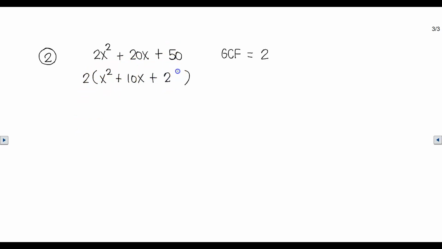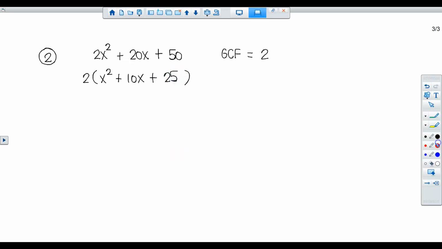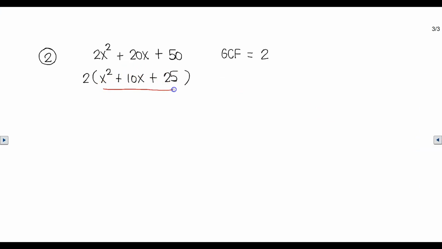So that would have to be a positive 25. So the GCF part of this is done. All right, so now what we'll do is we'll look at what we have inside the parentheses. And what I see there is 3 terms. So I at least need to try to guess and check that.